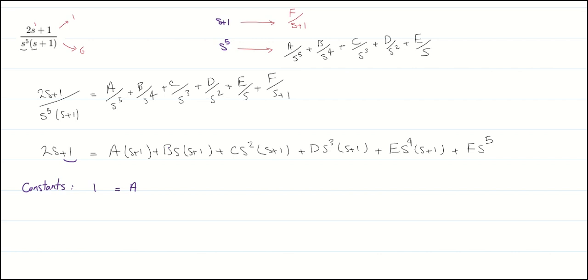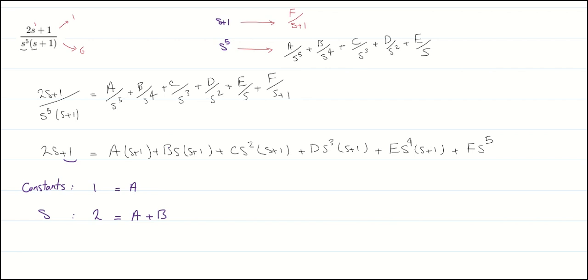Now, moving to the s terms in here, the s to the power of 1 term. On the left-hand side, we can say that the coefficient of s is equal to 2. Now, on the right-hand side, we have a plus b in here.